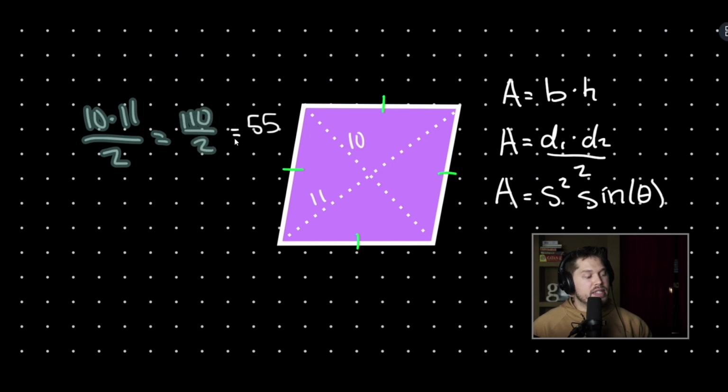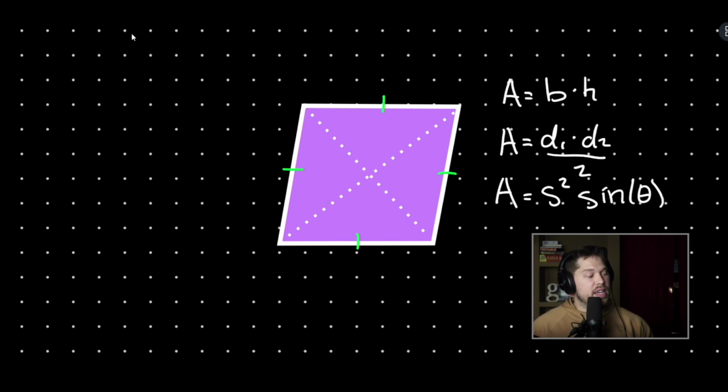And then lastly, what would be the area if we were told that the side length is 10 and this angle here is 70 degrees? Well, we would use our last formula, and our area would equal 10 squared times sine of 70 degrees.